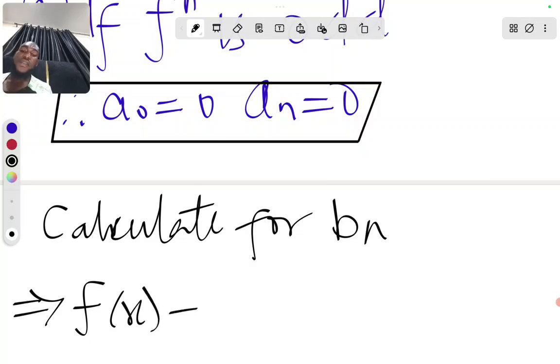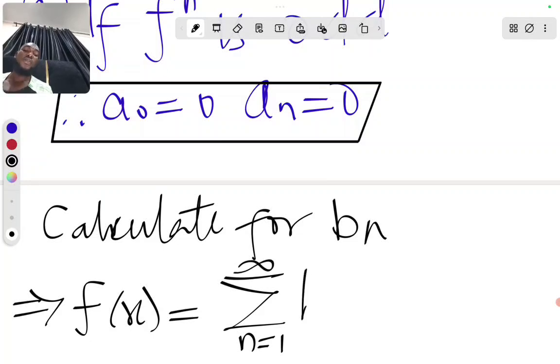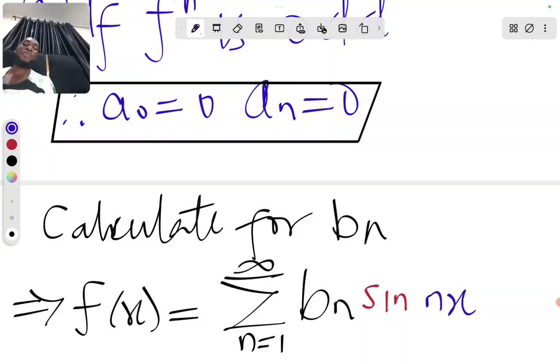Once we calculate for bn, our Fourier series will be f of x is equal to the summation as n starts from 1 to infinity bn sin nx. So this is what you are going to have for an odd function.